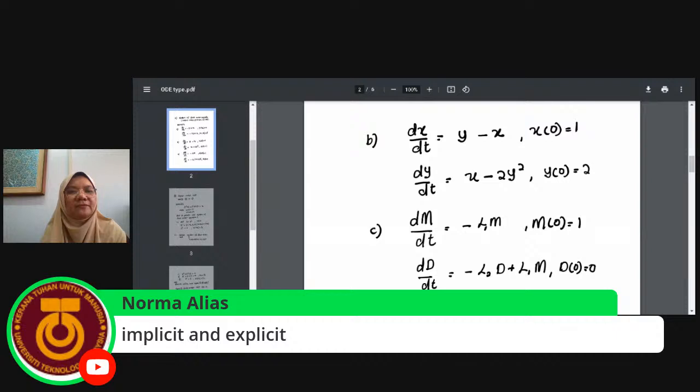For example, Asri said that explicit is calculating the numerical method from the previous step, the previous value, the previous variables. And what is implicit? Implicit uses the current status of your grid.